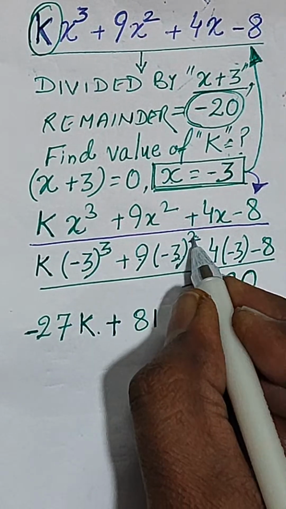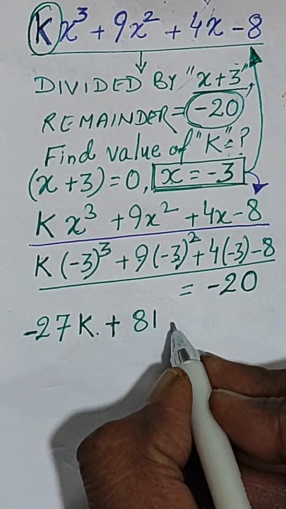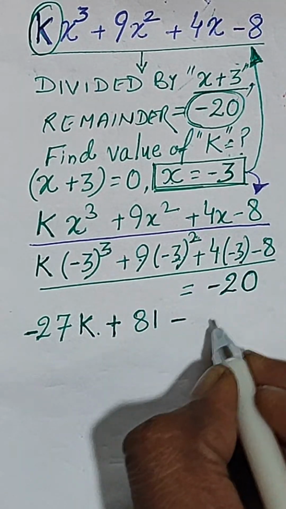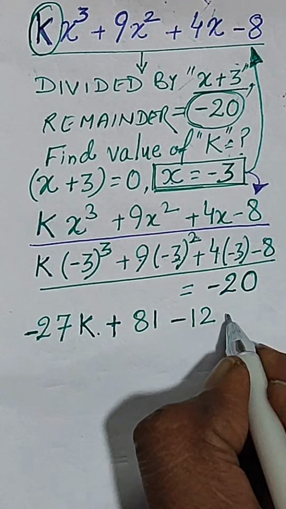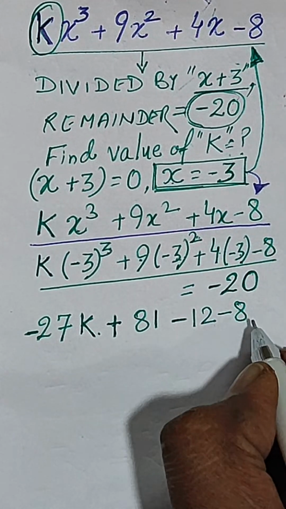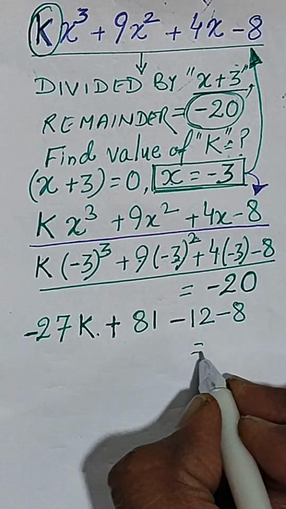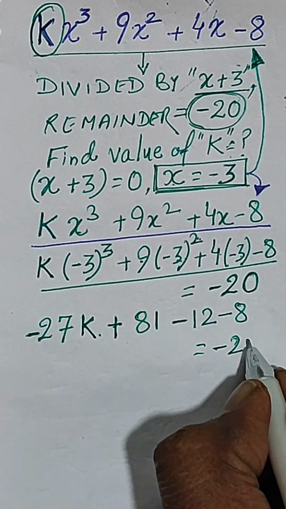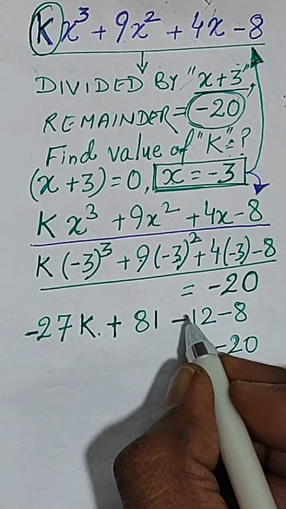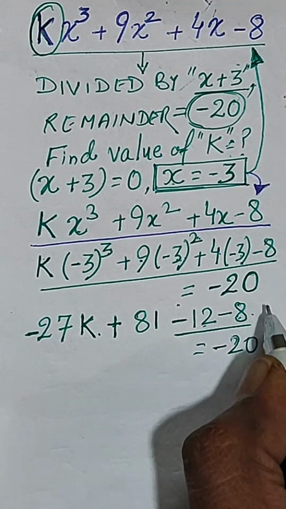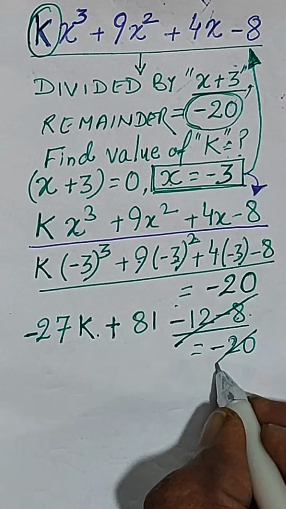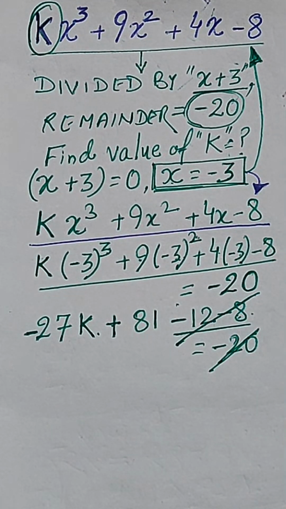This minus will become plus, so the sign will not be changed. Then 4 into minus 3 will be equal to minus 12 minus 8, and that is equal to minus 20. Here you can see minus 12 and minus 8 becomes minus 20. So this will be cancelling with this RHS, right?